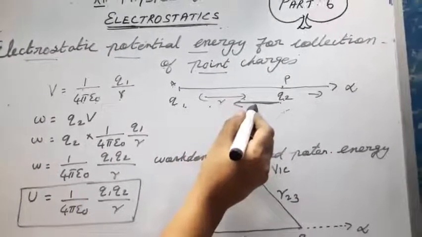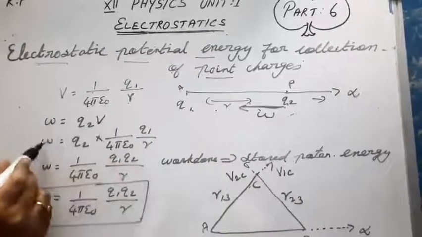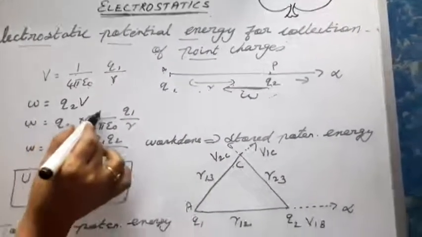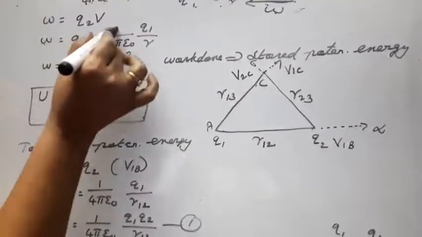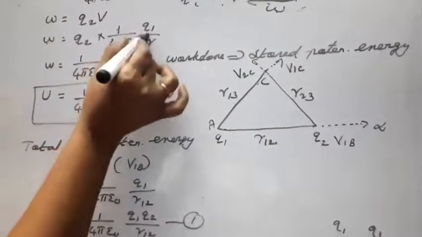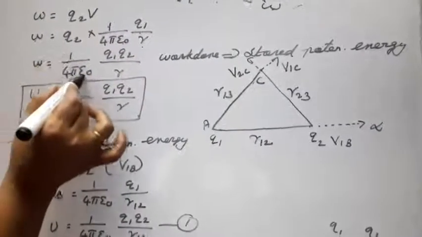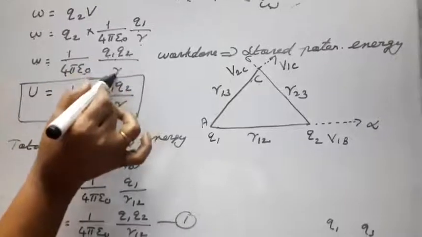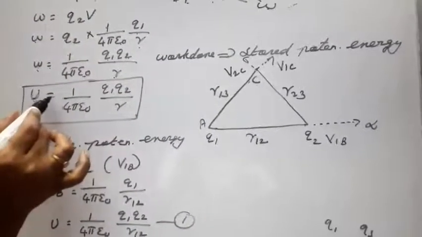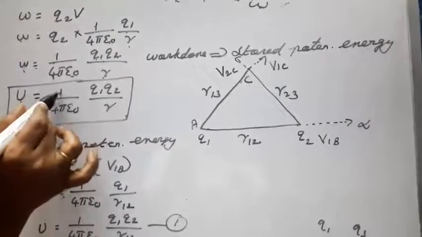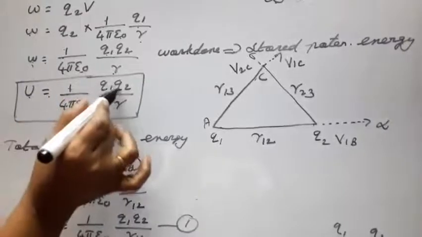So here work is done, and that work done equals q2 into V. Therefore w equal to q2 into 1 by 4 pi epsilon naught q1 by r. Therefore the total work done equals 1 by 4 pi epsilon naught q1 q2 by r. This total work done is stored as electrostatic potential energy, represented as U equal to 1 by 4 pi epsilon naught q1 q2 by r.